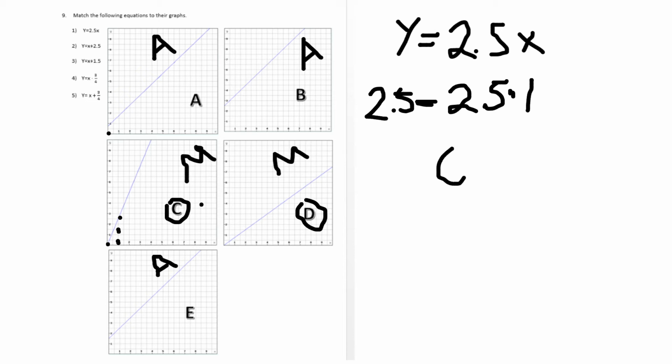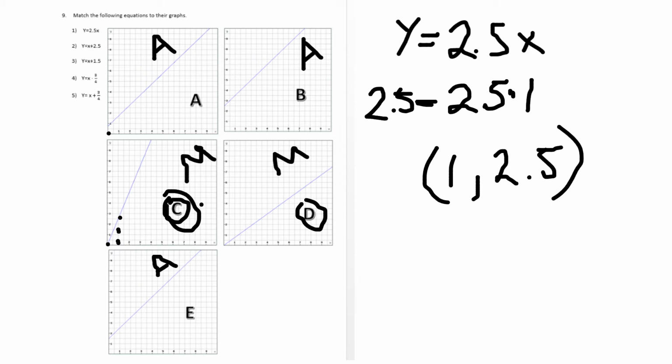So that tells me when x is equal to 1, not 0, y is equal to 2.5. And that's what it looks like for graph C. But let's check graph D just to make sure. We don't have to check graph A, B, or E because all of those are additive and we know that 2.5 times x is multiplicative. So I'm just checking C and D.